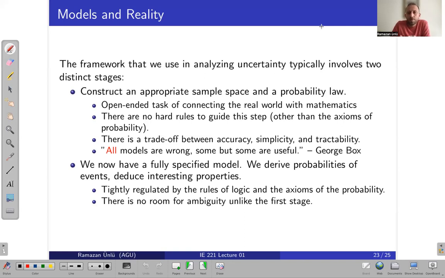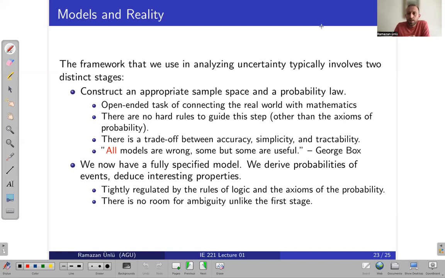That's why there is a trade-off between accuracy, simplicity, and tractability, especially in engineering and science. In summary, we can say that all models are wrong, but some of them might be useful. Based on what you are doing in real life, you can choose a simple or more tractable model based on your point of view.